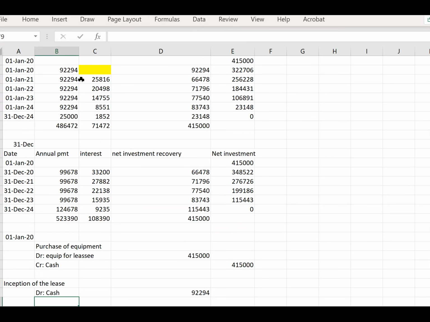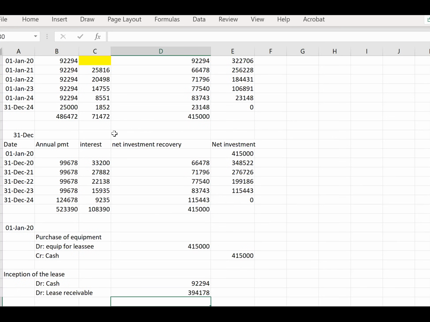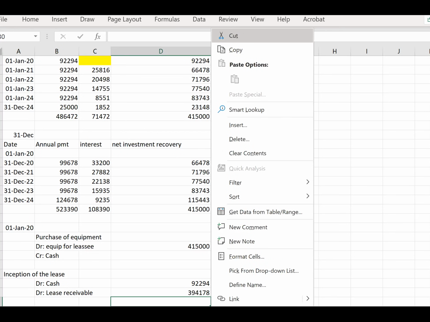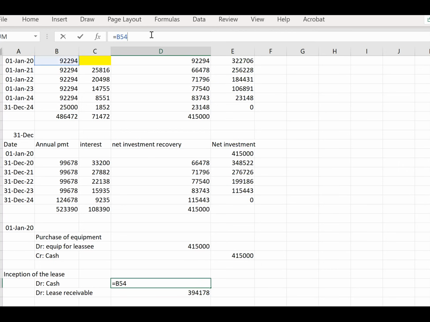And we're going to have debit lease receivable, which is going to be this amount minus this first lease payment, because we received that one. Then we're going to have credit repairs and maintenance expense. Actually, this amount is going to be this amount plus the $4,000. Remember, our lease payments were higher because of the repairs and maintenance expense. And then now we're going to have credit repairs and maintenance.